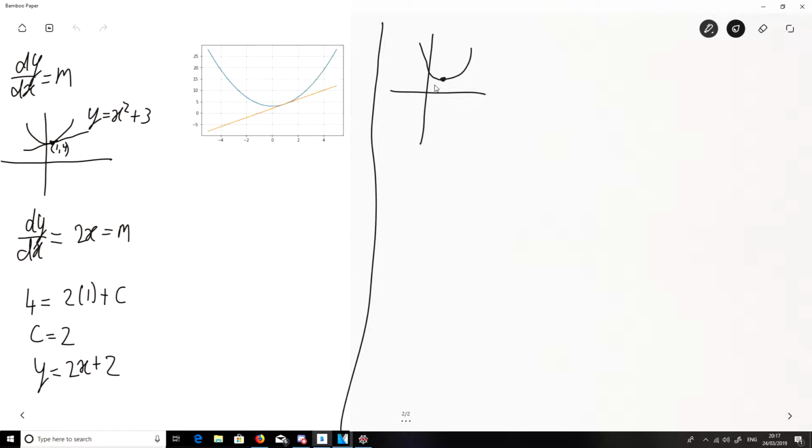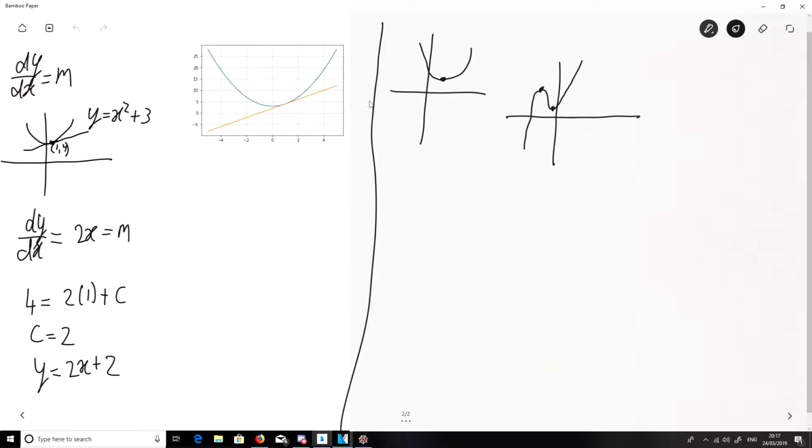So whenever you find part of a graph that it turns, so say we have this cubic graph or something, this would be a stationary point or a turning point, and this would be a stationary point or a turning point. It's the same thing, it's just different ways of calling them.